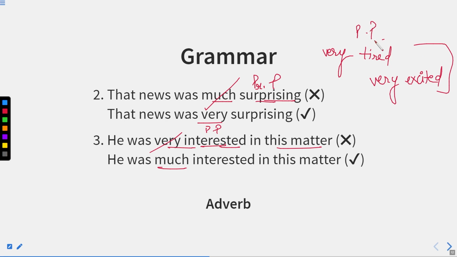Whenever we have these participles, that is tired, excited, we can use very before them, not much. I'm very excited for the final match. I'm very tired now. Before these past participles, we can use very instead of using much. So, these are a few exceptions.